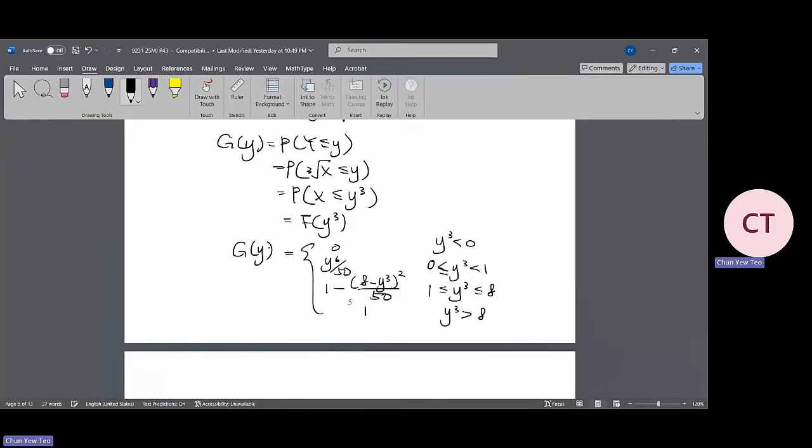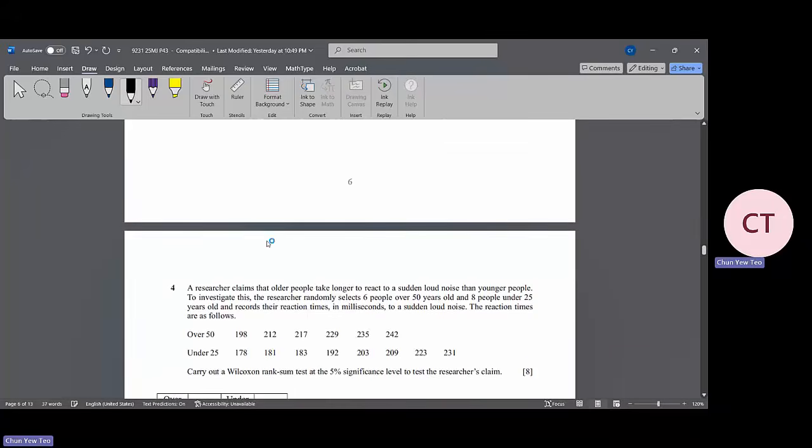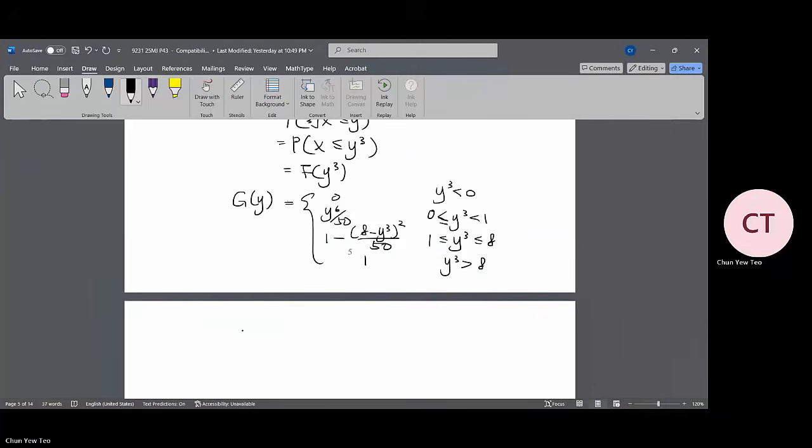But this is a CDF of the y. We want the PDF of the y, which means that I need more space over here. So to find the PDF, I just need to differentiate the CDF. Let's differentiate them one by one.